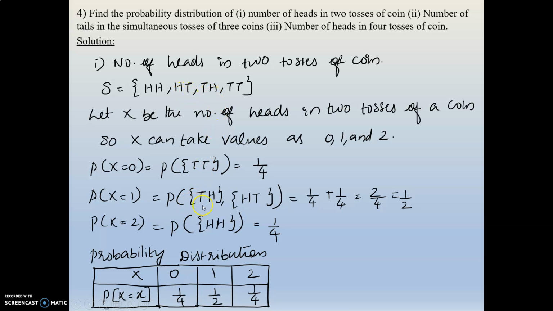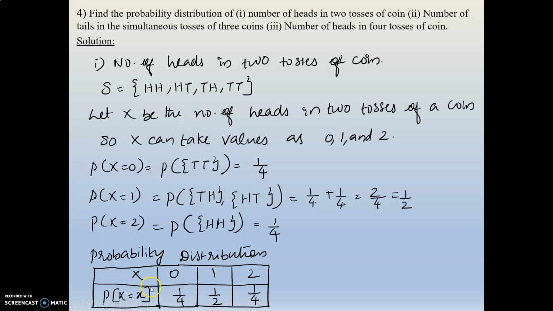So probability of set TH or set HT is 1 upon 4 plus 1 upon 4, that is 2 upon 4, that's equal to 1 upon 2. Next is probability of X equal to 2, that's the probability of 2 heads, which is only one case, the set HH. Both the values are heads, so that's equal to 1 upon 4. Only one chance of getting that, so 1 upon 4.